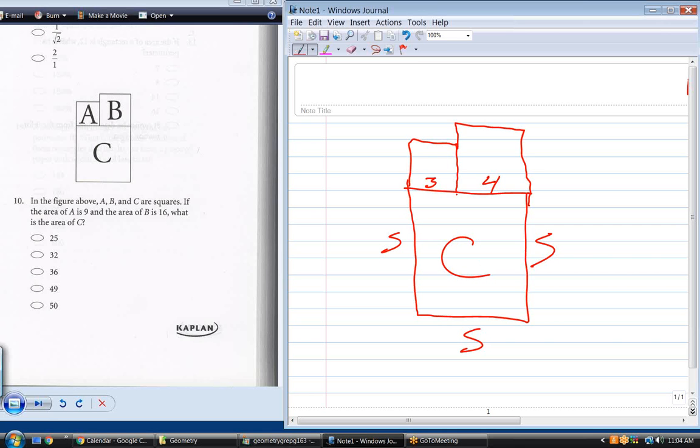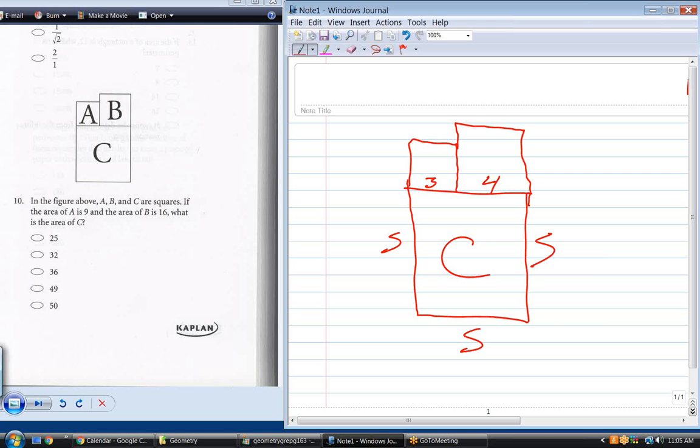You have a building block up here that has a length of 3, and you have a building block right next to it that has a length of 4, and they both perfectly fit on top of this bigger building block down here. What's the side length of the bigger building block? 4.